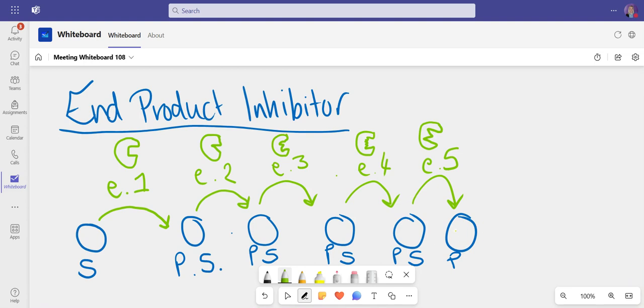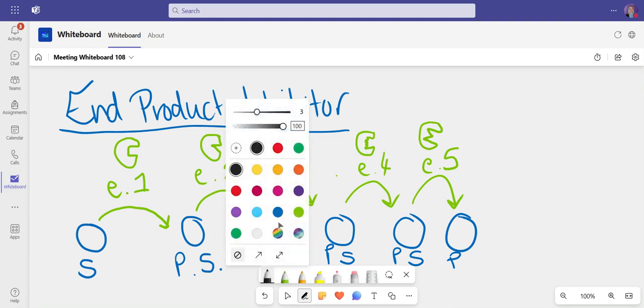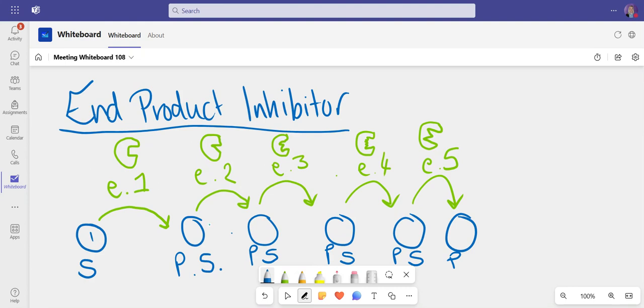So then what's going to happen is this final product, if we give these letters, our enzymes are A, B, C, D, E, F. Molecule F here might then bind on an allosteric site, or it could be a competitive inhibitor, in fact, it could be either, but it acts as an inhibitor to inhibit enzyme 1.